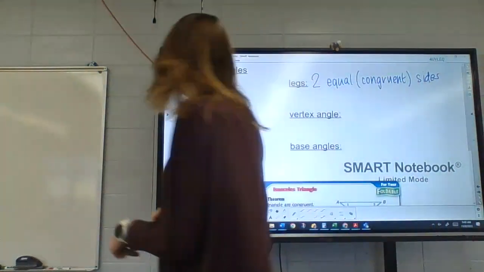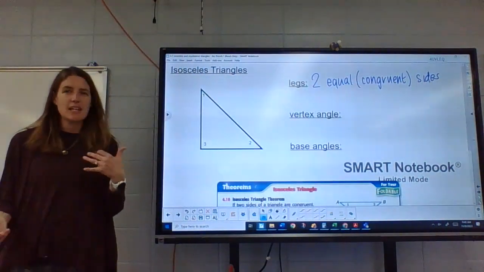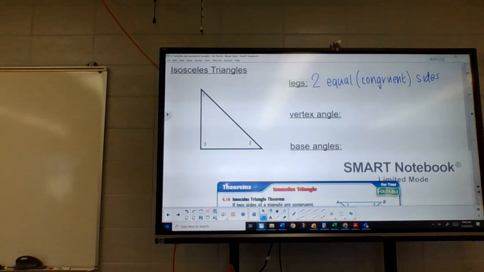So the legs are the two congruent or equal sides. It's easy to think about, like, we hope that our legs are both equal lengths.